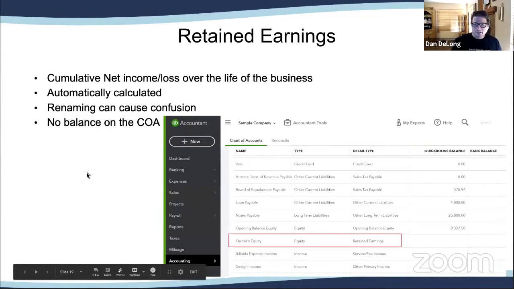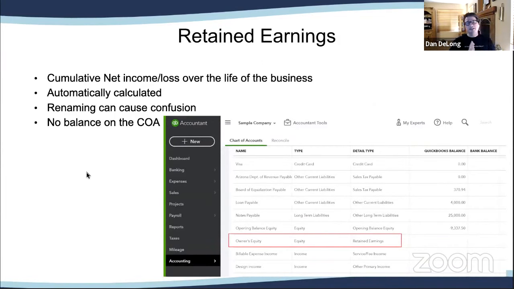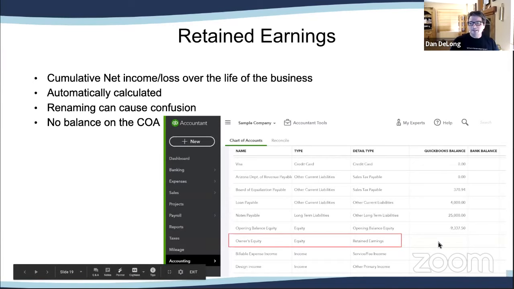And then retained earnings. Retained earnings is another special account that has a lot of questions associated with it. It is a default account that is really the cumulative net income or loss over the life of the business. There's automatic calculations. You know which one it is by looking at the chart of accounts. It does not have a QuickBooks balance.